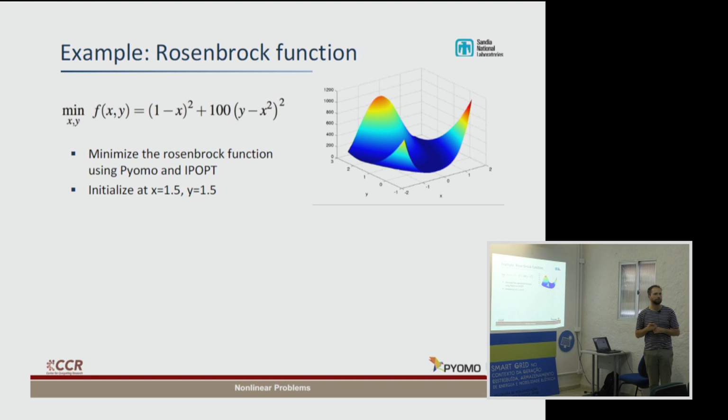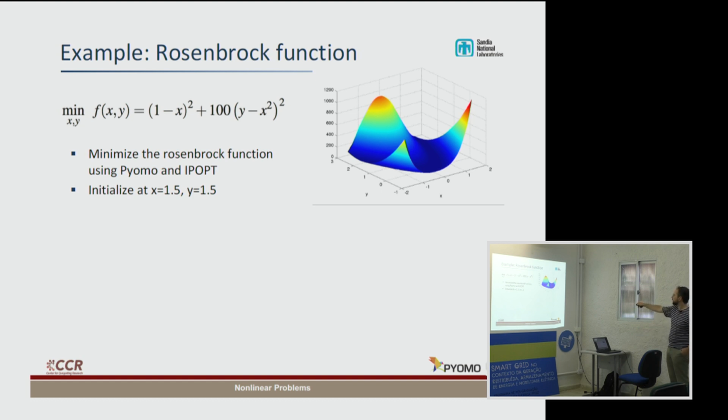And this one is quite difficult because it has a really large plane of minima. So there are a lot of local minimal values here, but only one is actually the minimum. So sometimes solvers can stop there, thinking that it's the minimum, but it's not.